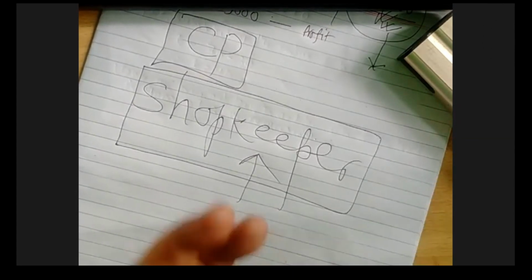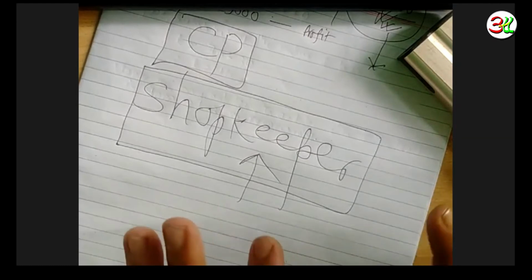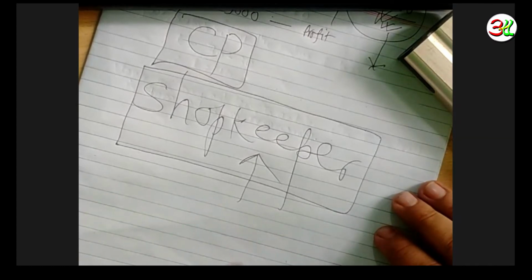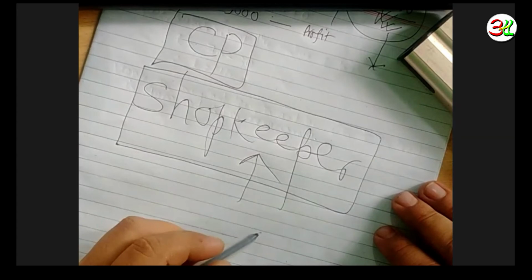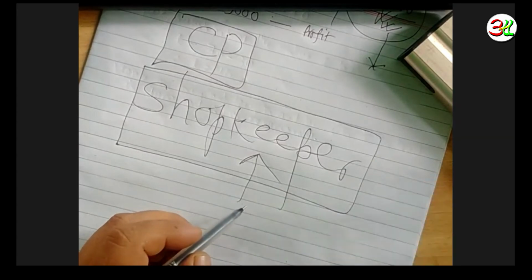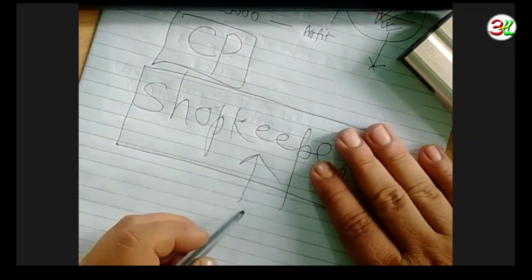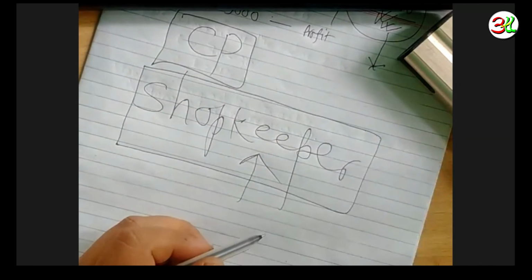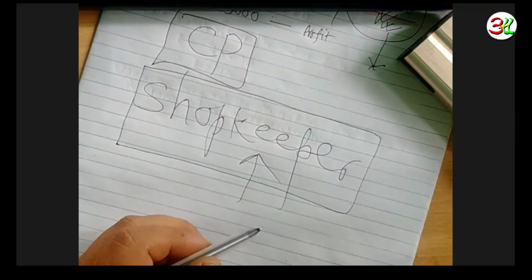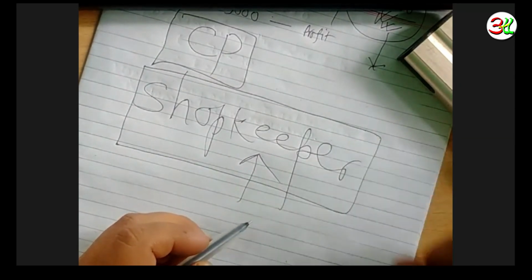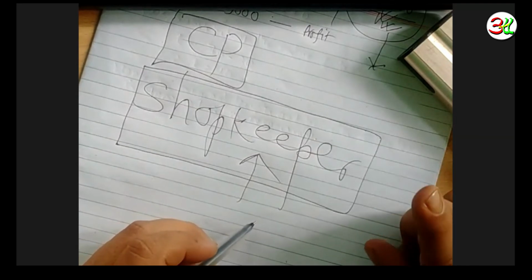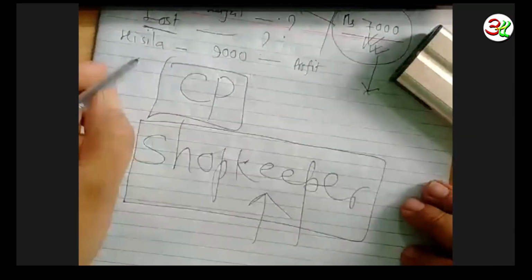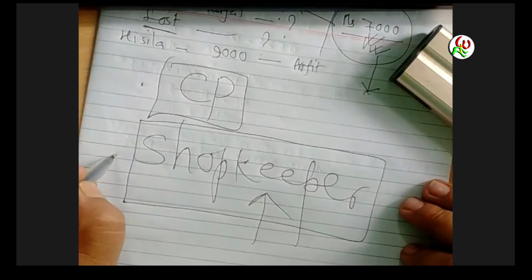Suppose that person is you and you are the shopkeeper, and then solve. If you think the person is a customer, then you cannot solve the profit and loss question. So for every event given in the question, you have to think as a shopkeeper. Then only you can solve it.